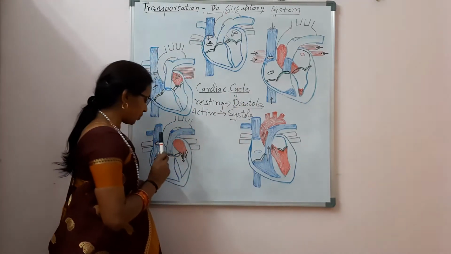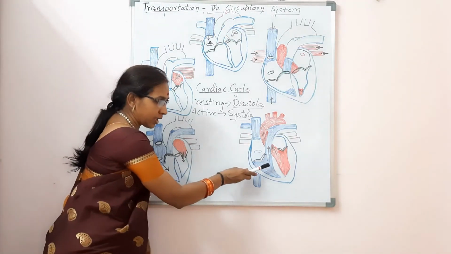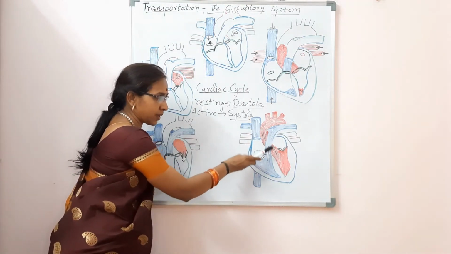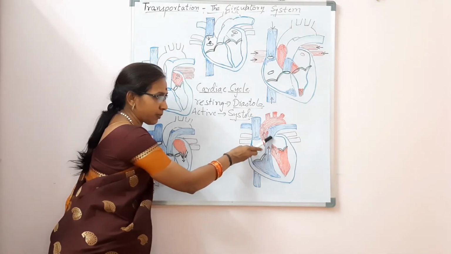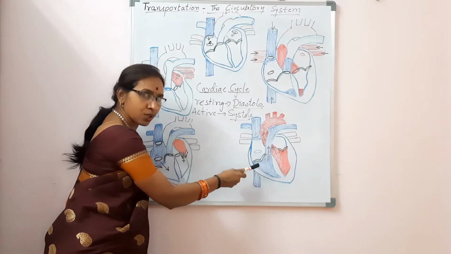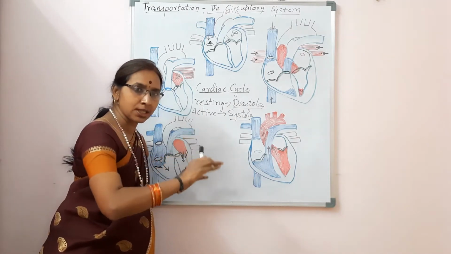The lub sound is produced when the ventricles are filled with the pure and impure blood and are pumping the blood into the pulmonary artery and aorta. At that time the apertures close, making a sharp sound known as lub.